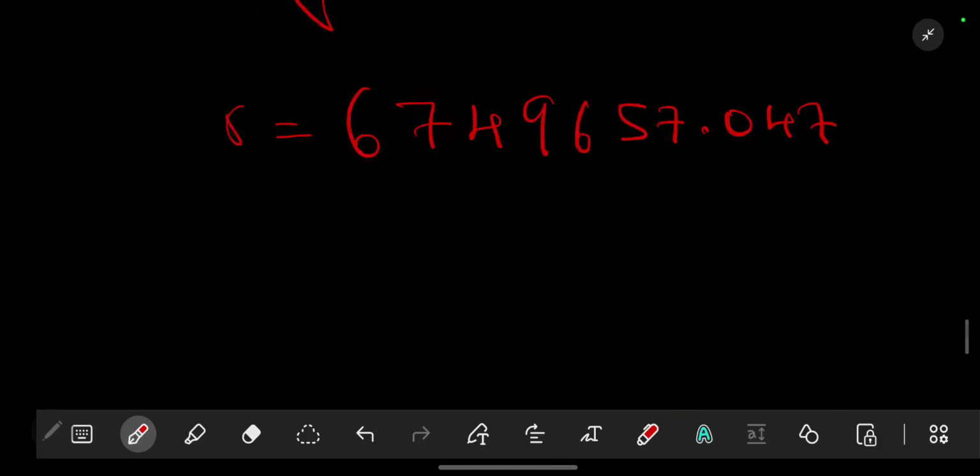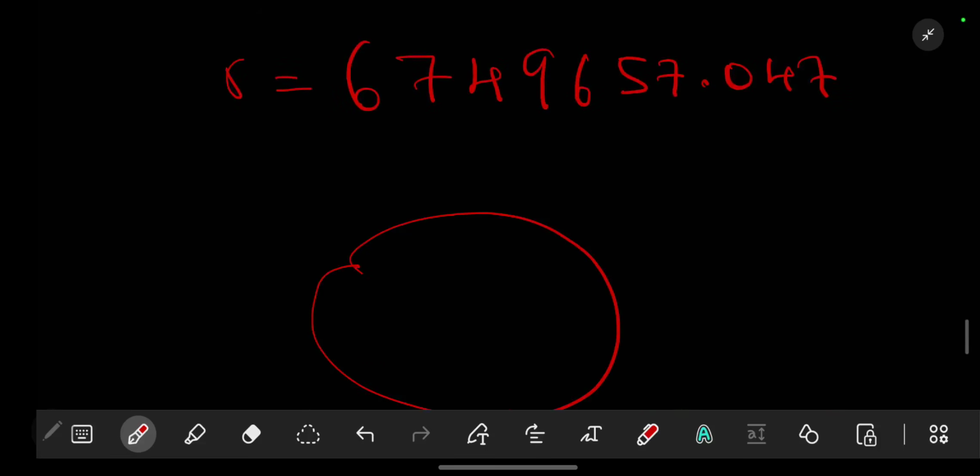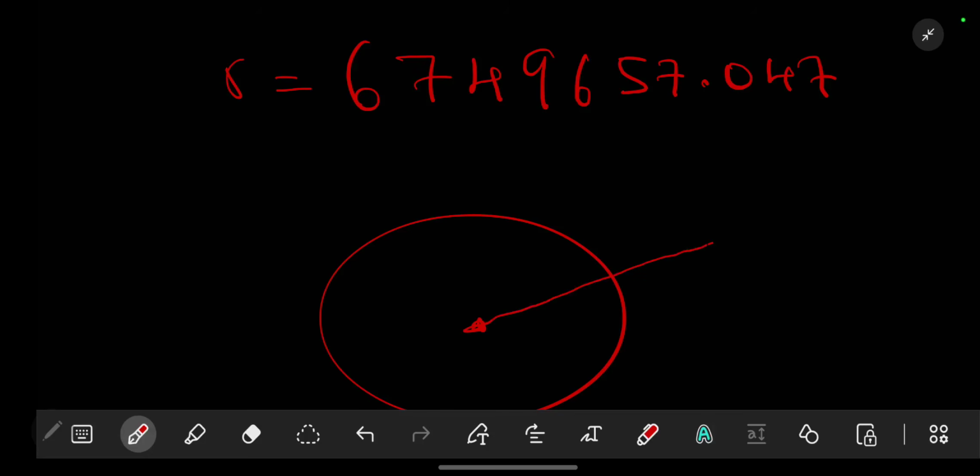So this is the radius. Whichever radius you have found, it means it is the radius from the center here to where the satellite is. So that is the radius, R is equal to this.